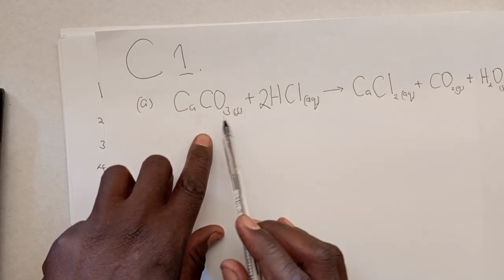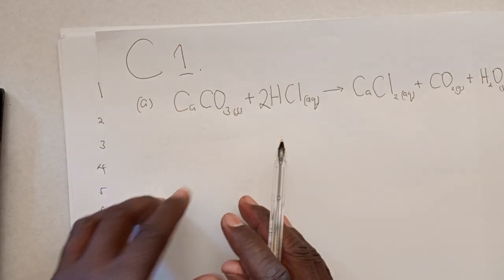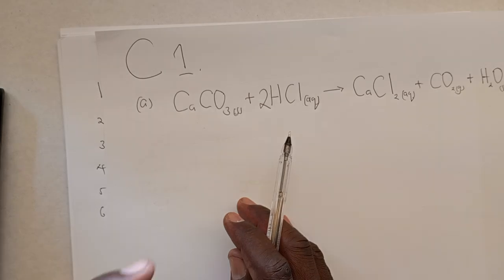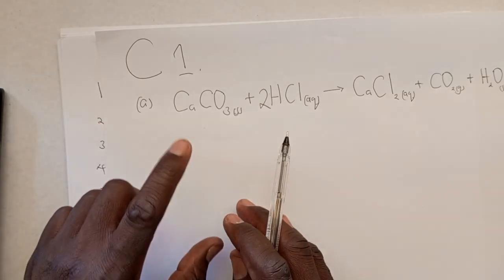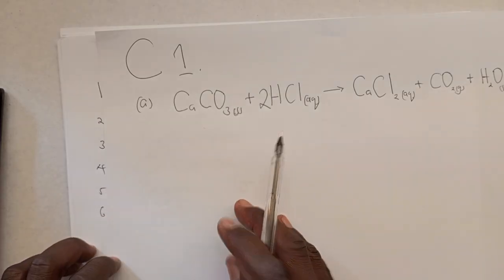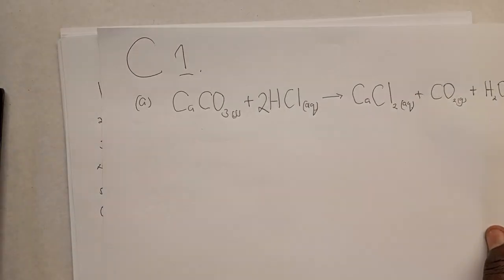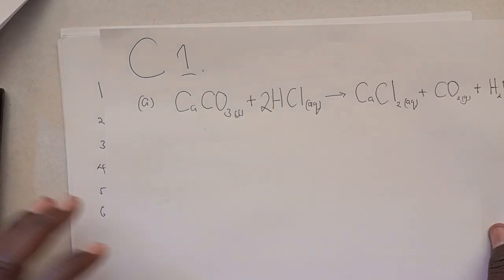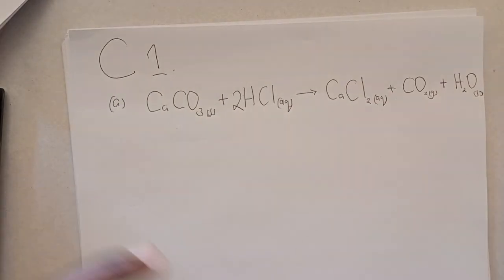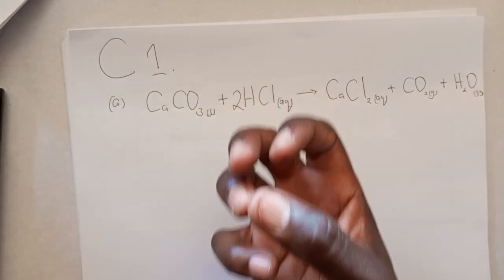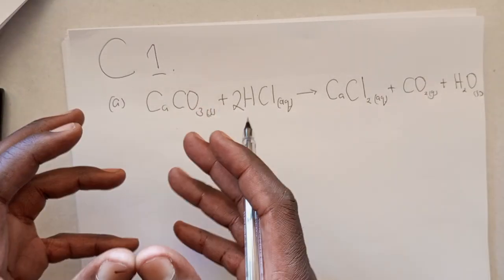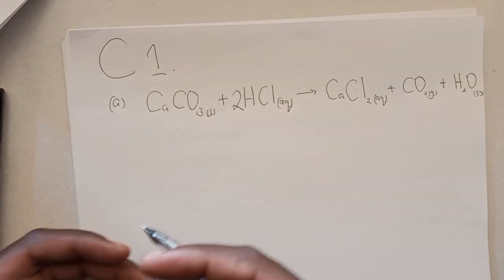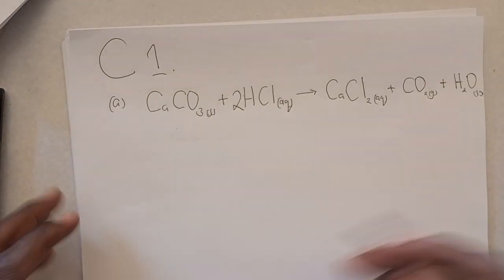These two reactants, each of them has a factor which, if you alter it, it changes the rate of a chemical reaction. In most cases, calcium carbonate comes as a rock, as a lump. And so what can you do to calcium carbonate if it comes in that way for you to increase the rate of a chemical reaction?